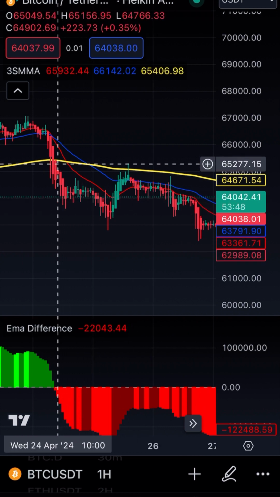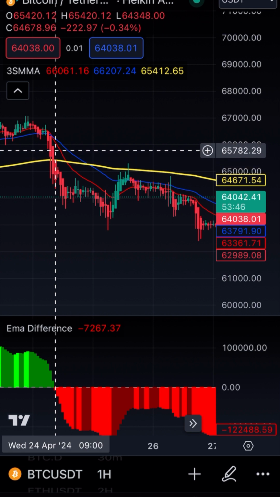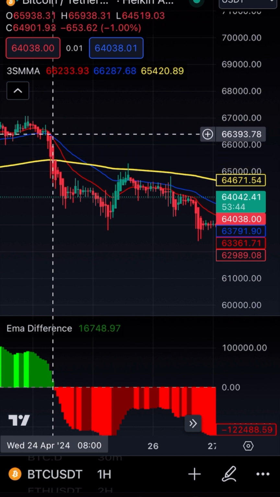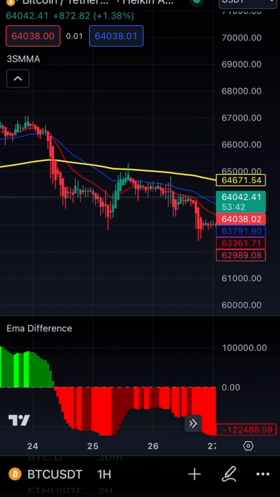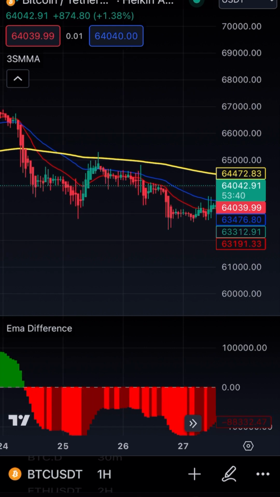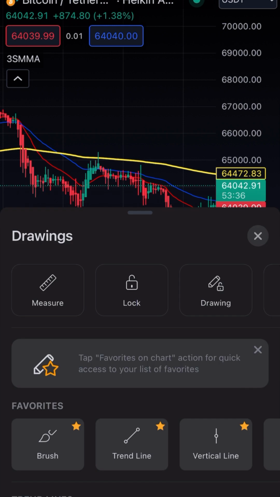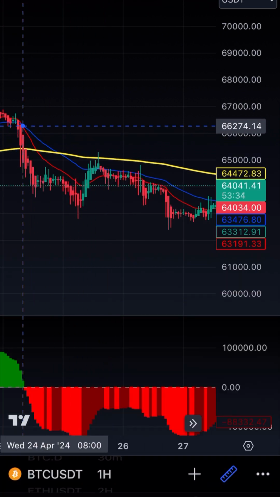Right here we see with the EMA difference, with the 9 and the 90, that it's crossing right here. What I like about this strategy is if you came in right here when it starts crossing down, you'll notice that it's crossing right here at the same time it's changing directions on the bottom as well.